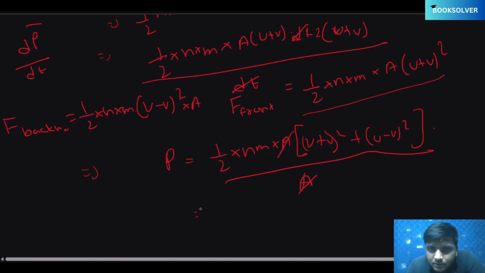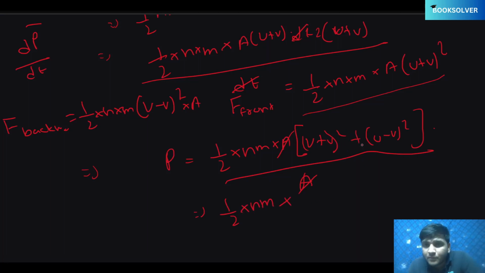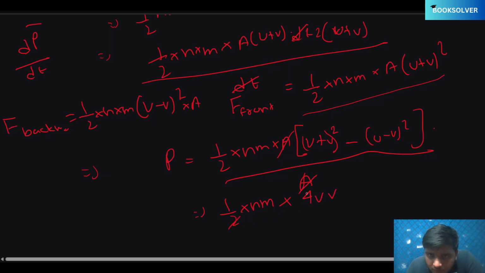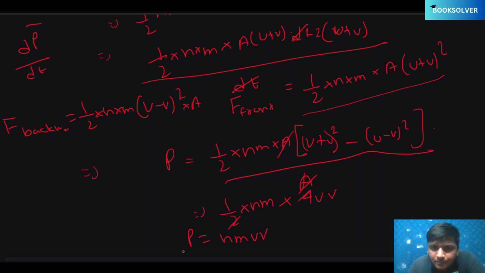We cancel all this, so we will get half into n into m into what is a plus b square. Oh, sorry, they are opposing forces, so I have to subtract them. Minus. So what is a plus b square minus a minus b square? We will get nothing but 4ab, that is 4 times uv. If we cancel it, this is the net pressure, n m u v.